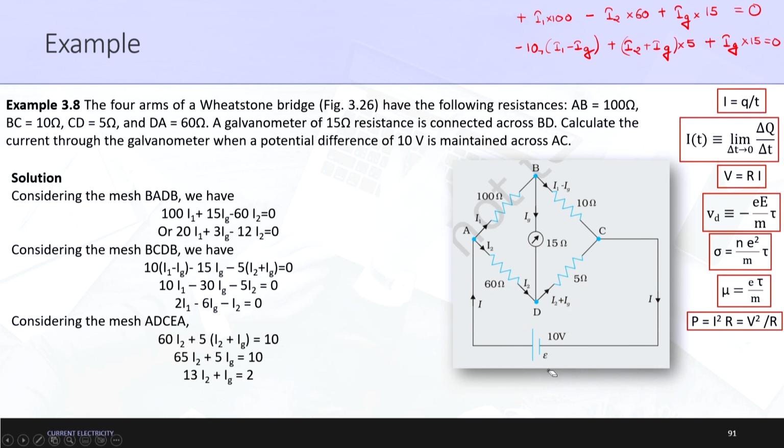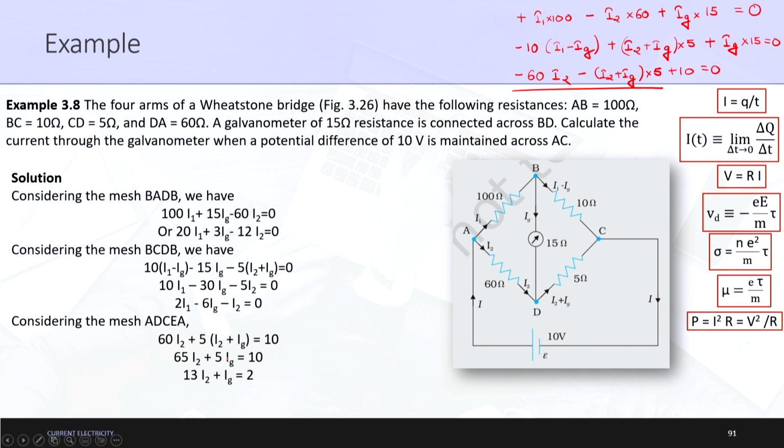So, what is happening here? First of all we will go on with I2. For I2 it is minus 60 into I2 minus I2 plus Ig into 5 plus 10 is equal to 0. If I put these two portions on the left, opposite direction, we will get 10 is equal to 60 I2 plus Ig into 5.